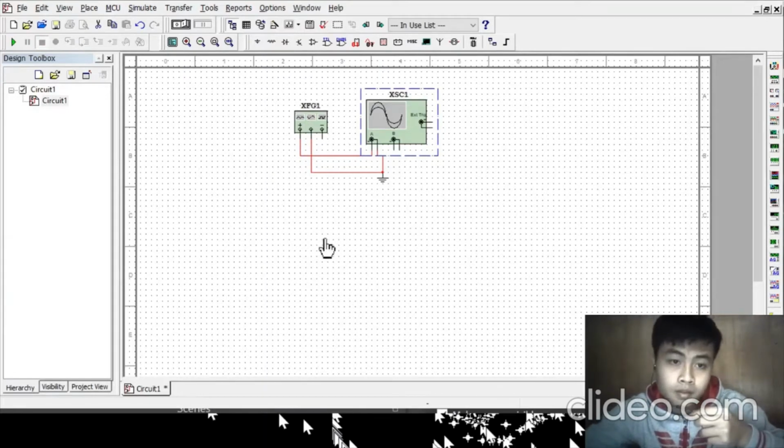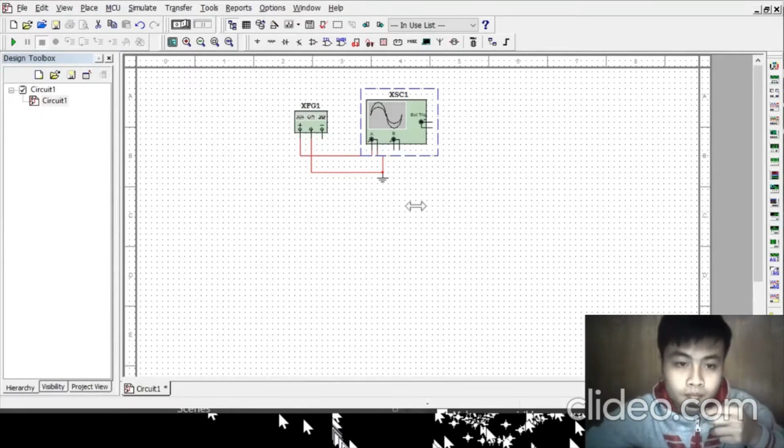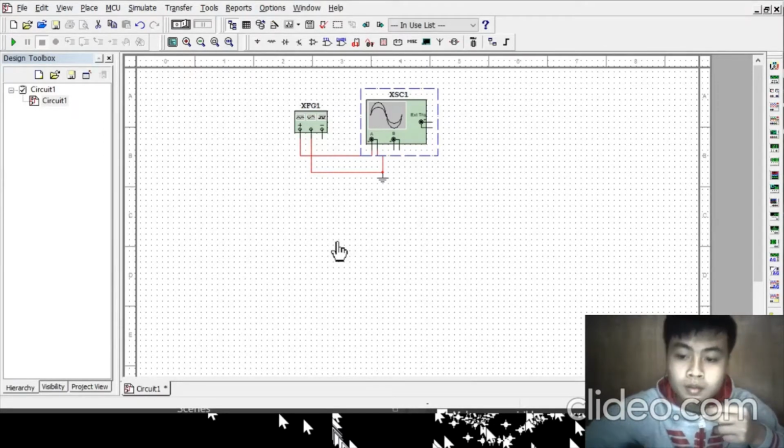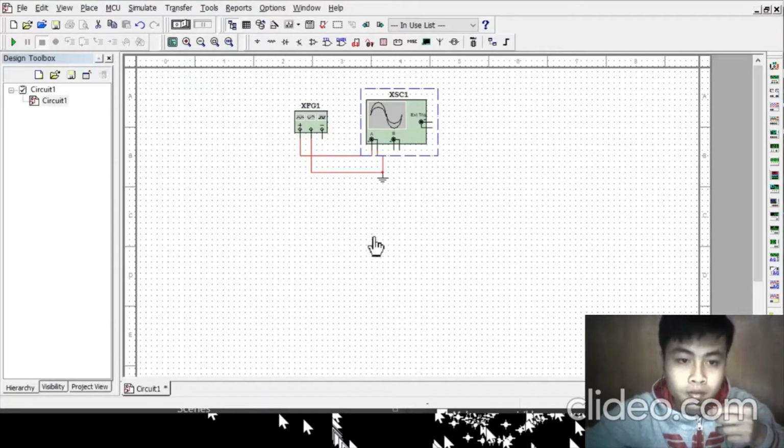Here, 2 kilohertz, and amplitude 3 V peak. Okay, now.